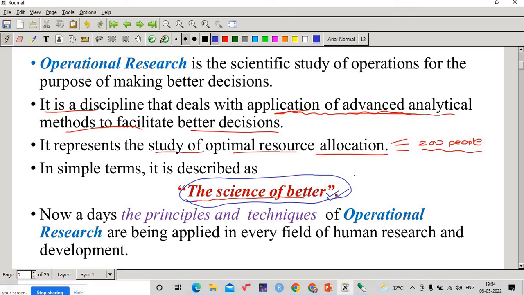We are optimizing our resources, we are maximizing our profit, we are minimizing our losses. So in every sector we are trying to do better, we are trying to make better decisions as well. So whatever resources we have should also be used effectively through our decisions. So this is the science of better.